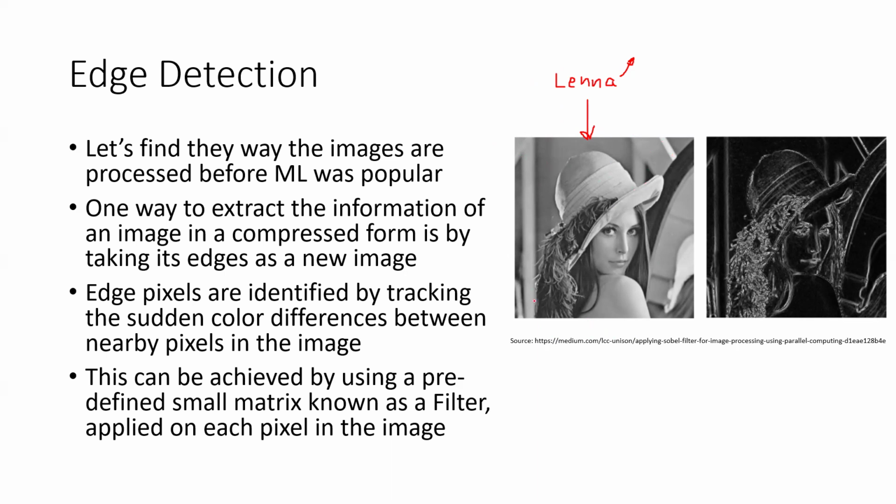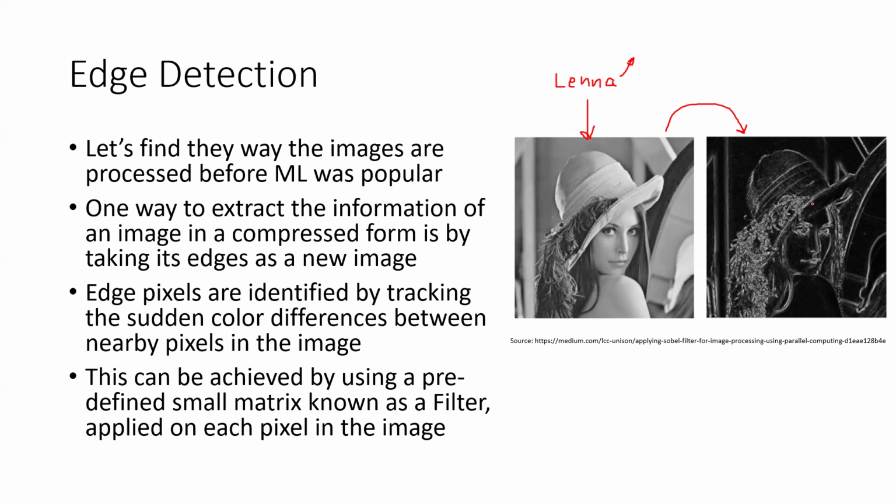So in this diagram, we have taken the grayscale image of Lena and converted it into an edge image, right? In this edge image, instead of displaying the colors, we are only displaying the edges.